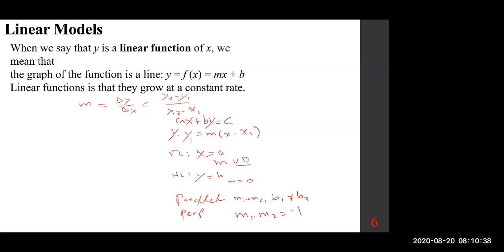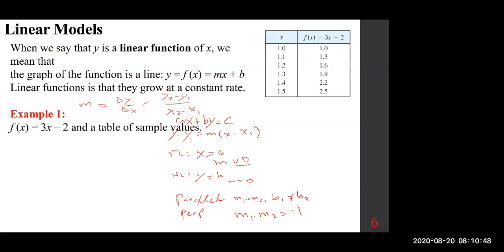With that being the case, f of x is given as 3x minus 2, and a table of sample values is given at top here. And obviously we can graph it. By the way, if you are looking at a case like this, I expect you to be able to come up with intercepts. If you're looking at the y-intercept, you set x equal to 0, and if you're looking at the x-intercept, you set y equal to 0.